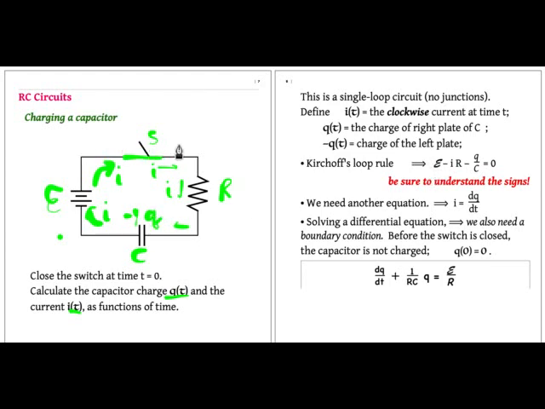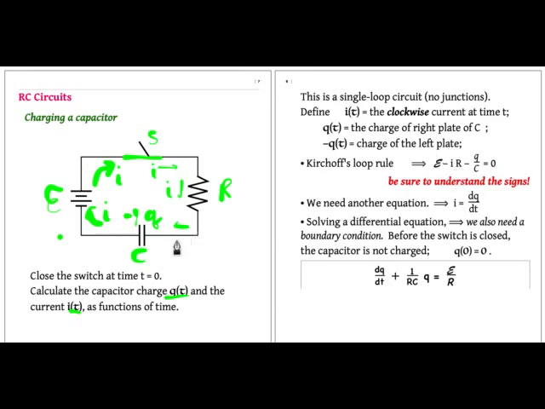Now there's no change in potential across an ideal wire. We assume the resistance is 0. But now as the current goes through the resistor, there's a change in the potential. This has to be the high potential side to push the current in this direction to the low potential side. So the change in potential is negative. It's negative IR.